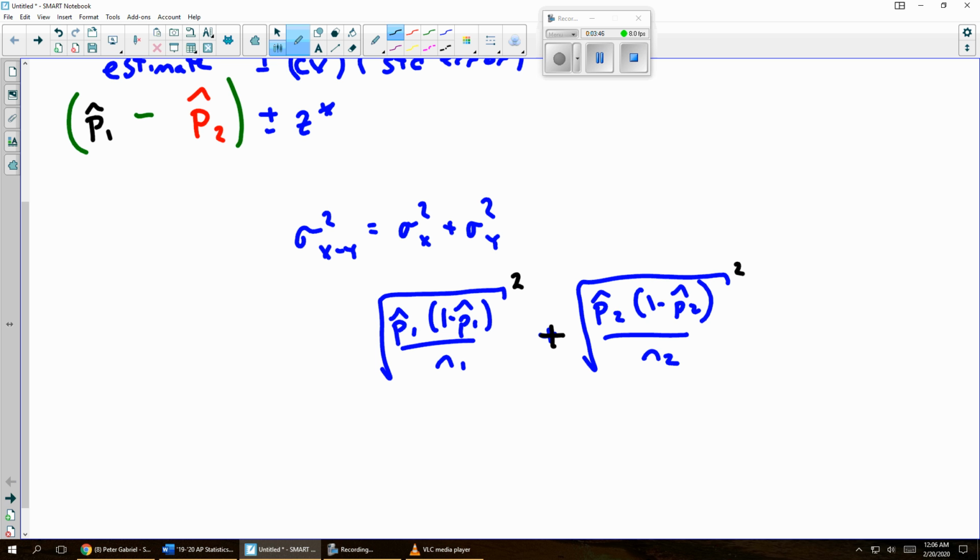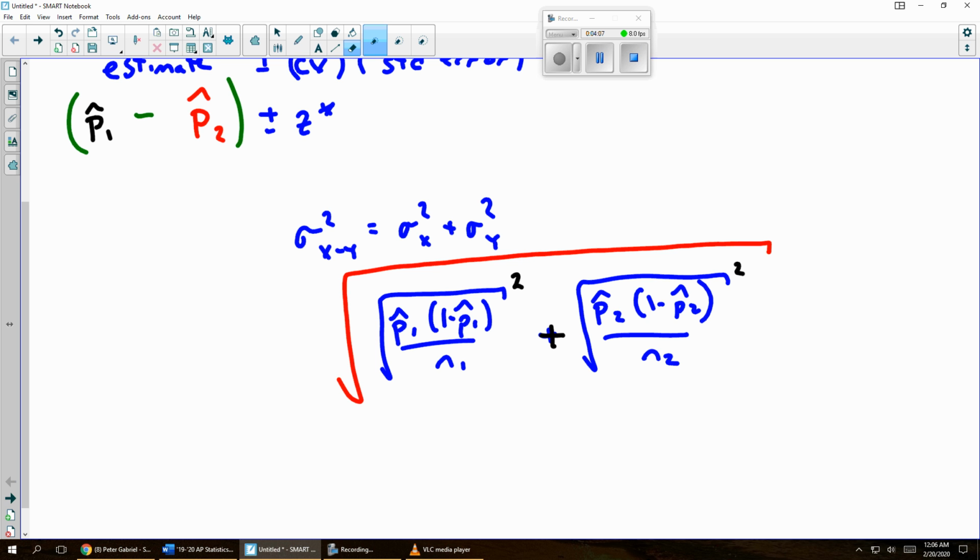But I'm not interested in the combined variance. I'm interested in the combined standard error. So then I need to take the square root of all of that. Now, that looks pretty awful right now, but it's actually not near as bad as it looks. So I want to clean this up just a little bit. I notice that this square and this square root will end up canceling each other out.